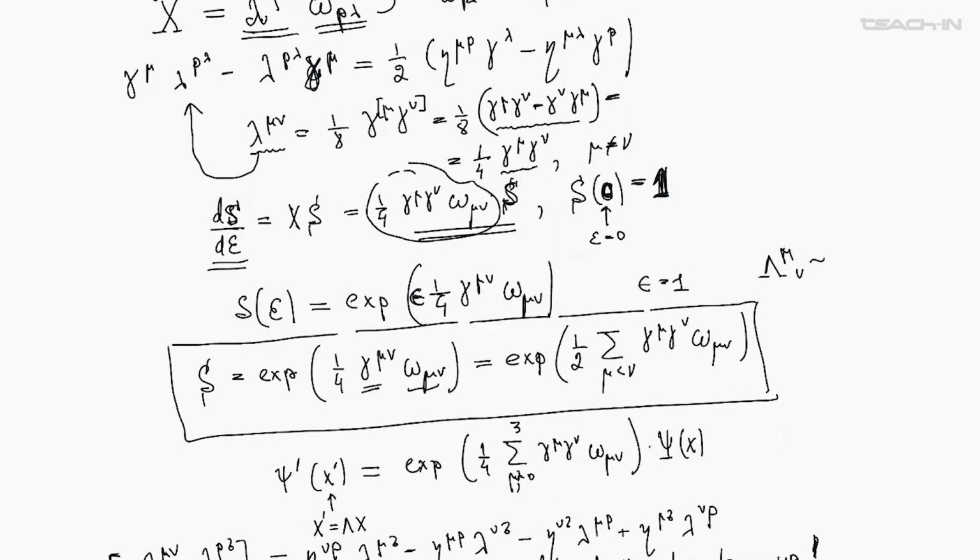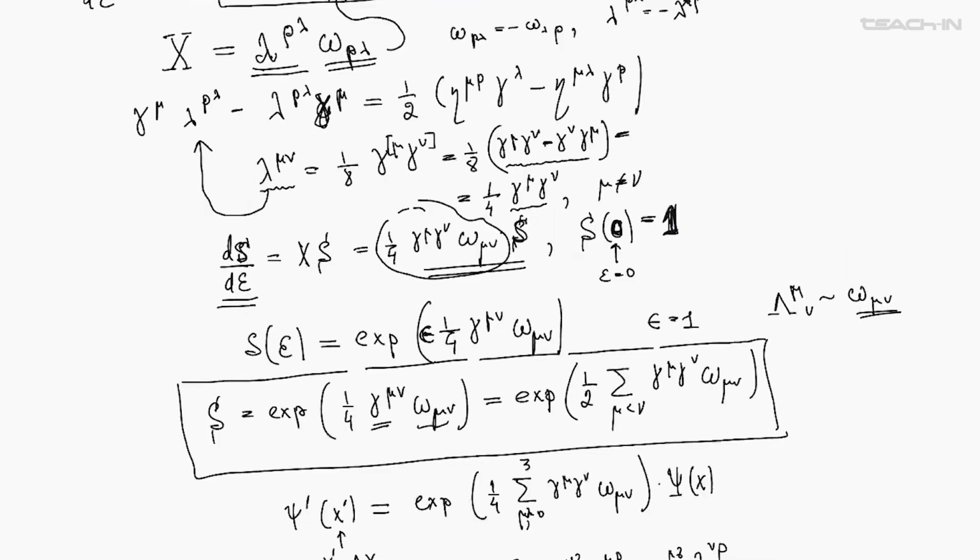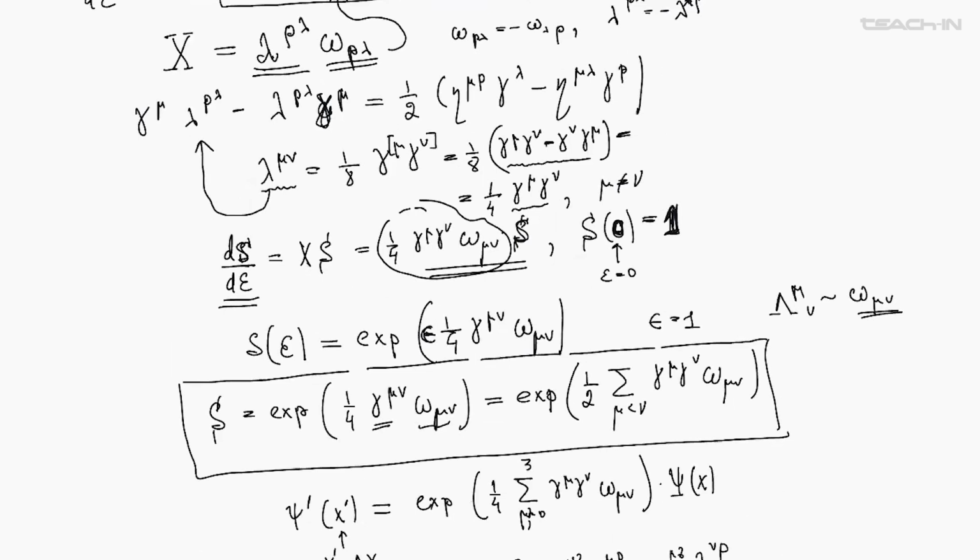And now if we take these generators omega mu nu and combine them with the matrices lambda mu nu, which are in fact given by this antisymmetric combination of the gamma matrices, and construct such a matrix given by exponential of lambda mu nu, omega mu nu, then the matrix S, which is obtained in this way, will be realizing the spinor representation of the Lorentz group. And spinor representation is a representation which tells us how spinor transforms under Lorentz transformations.